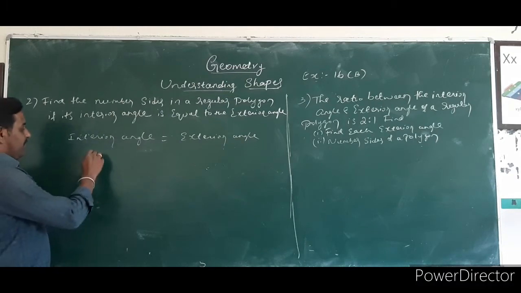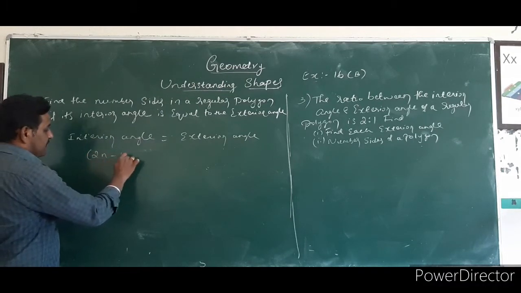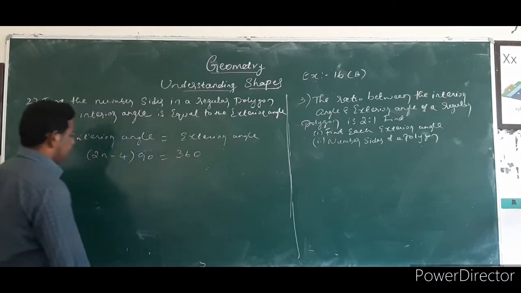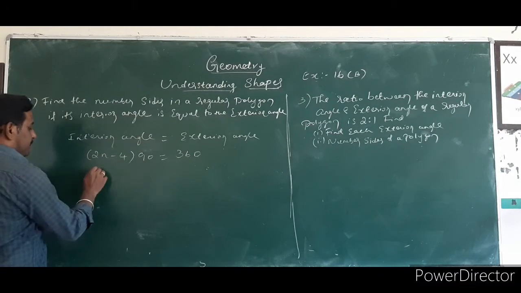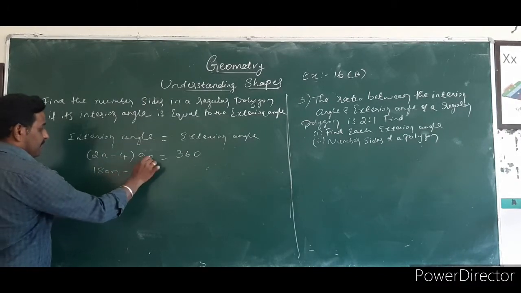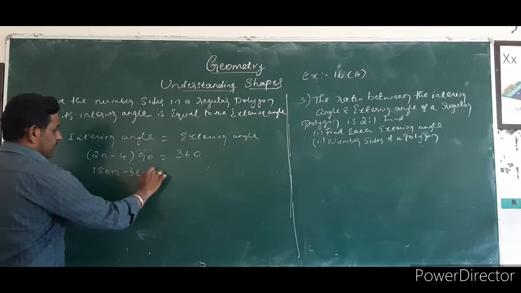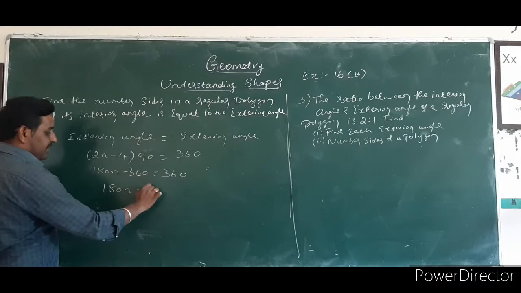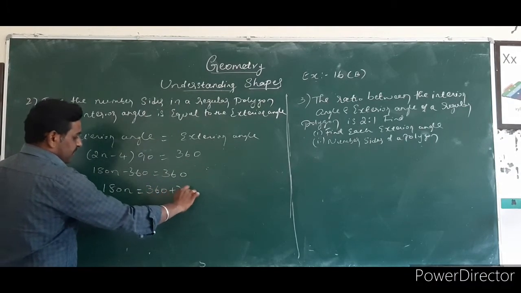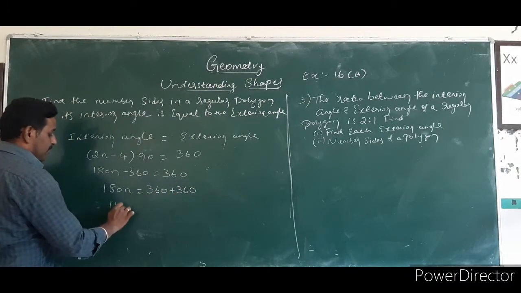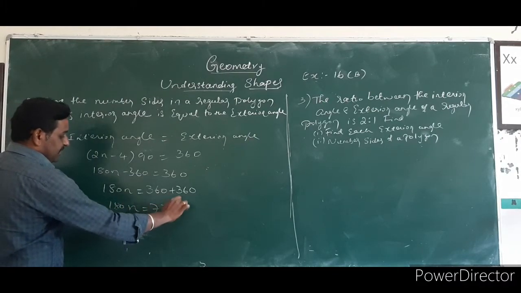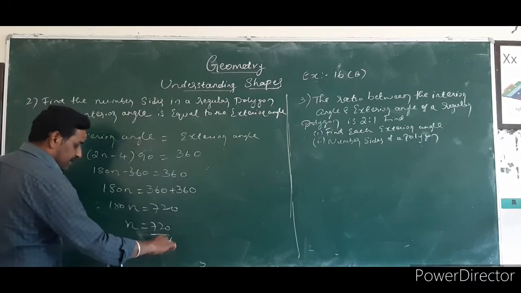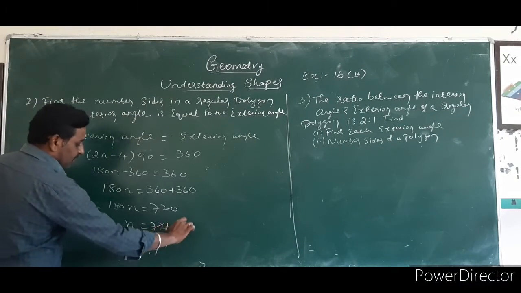What is the formula for finding the interior angle? (2n minus 4) times 90 degrees by n. The exterior angle is 360 degrees by n. Multiplying, 90 into 2 is 180n, 90 times 4 is 360, so 180n minus 360 equals 360. 360 degrees you can shift to that side, plus 360 degrees. Next, 180n is equal to 360 plus 360, 720. n is equal to 720 divided by 180. 0 0 get cancelled, 18 fours are 72.